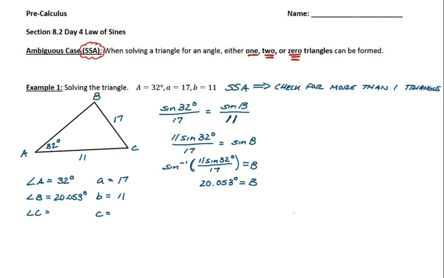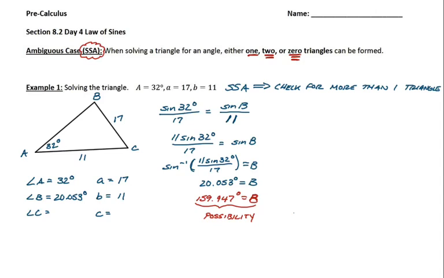So what I mean is, if you think back to our unit circle stuff, there are really 2 angles that have the same sine value or the same cosine value. So for 20.053, another angle that has the same sine value would be 159.947. The way I found that is I took 180 degrees and subtracted 20.053, and I got 159.947.